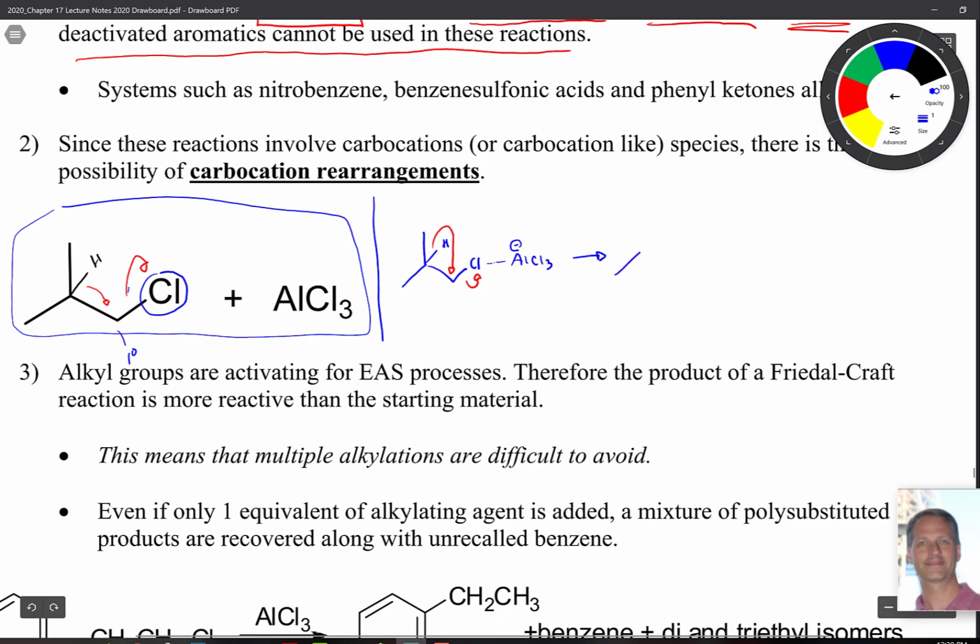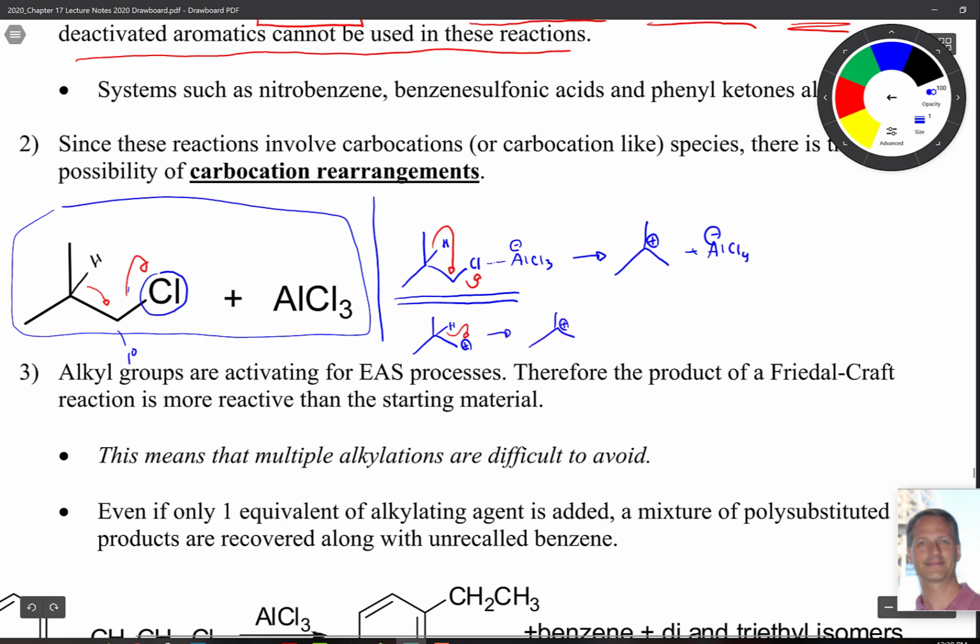In a nutshell, that gives us this plus AlCl4 minus. Now sometimes students don't like that because there's a lot going on there. So it would be okay if you wanted to write it out like this in one step, with the loss of the chlorine, and then show the shift as the second movement to give us this. And in the end, they both give us that same electrophile. That's the key point to recognize, okay?